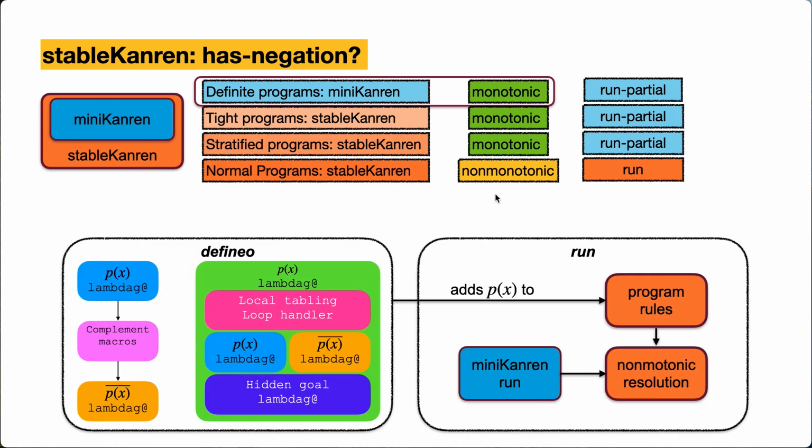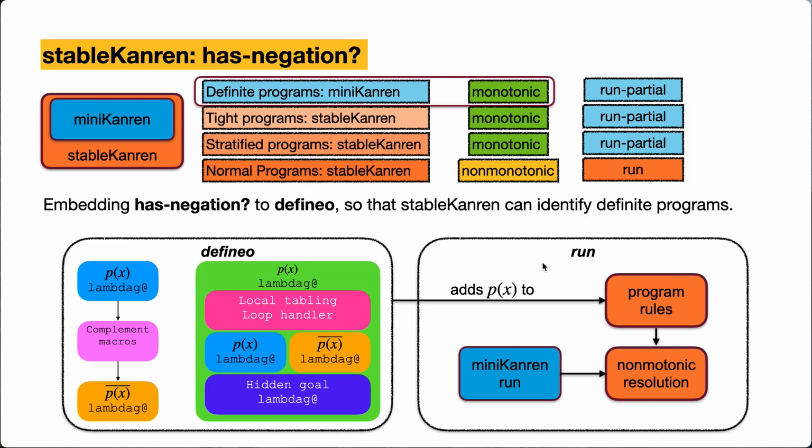So by using this has negation interface, we plug into this process when we try to add the predicate into the program rules. Here, we're embedding has negation to define no, so that stableKanren can identify these definite programs. So right now, it will only add the PX that has negation inside to these program rules.